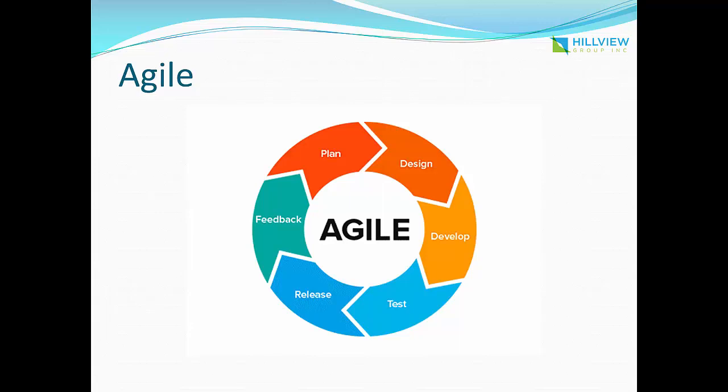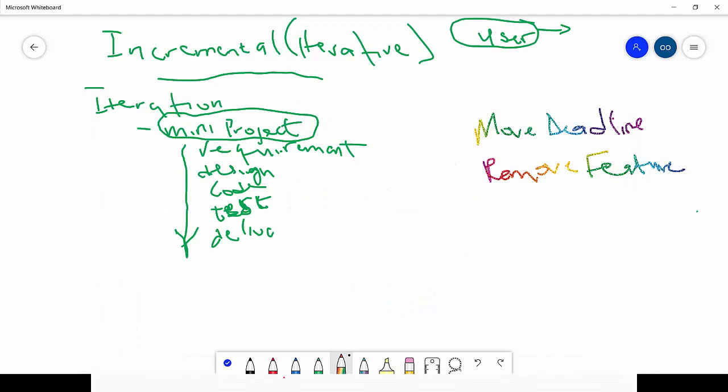But the Agile methodology depends solely on what we call test-driven development, right? It's something that you should be familiar with because it's a best practice. It's called test-driven development.